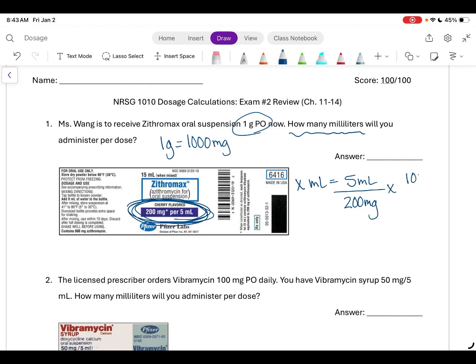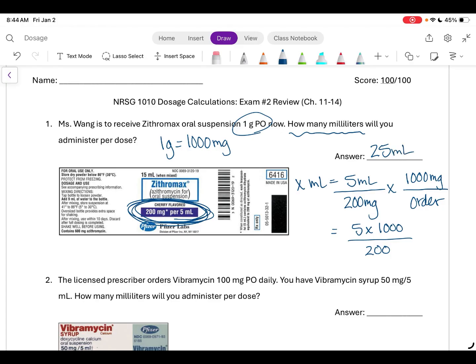And then my order, I already know, is 1,000 milligrams. I like to multiply across the top first and then divide the bottom. So I'm going to do 5 times 1,000 and then divide by 200. And I'm going to get 25 as my answer.